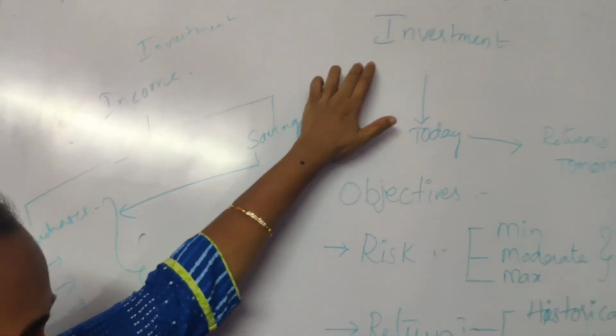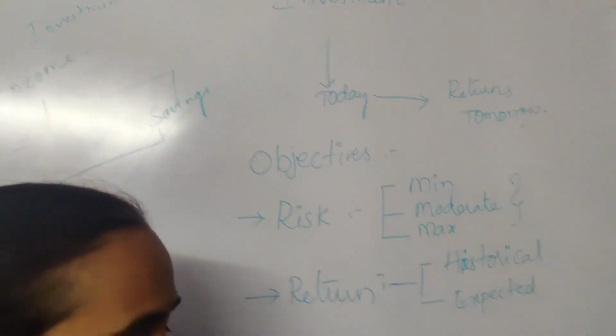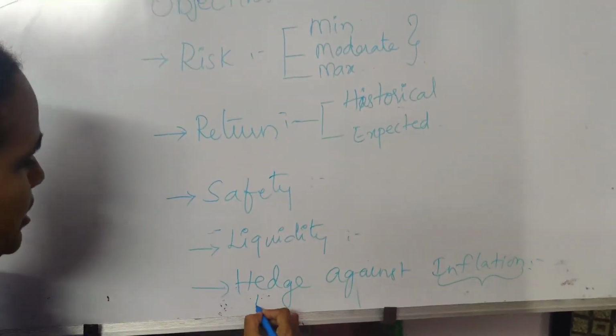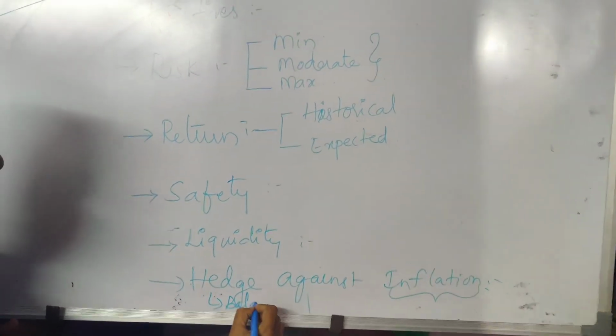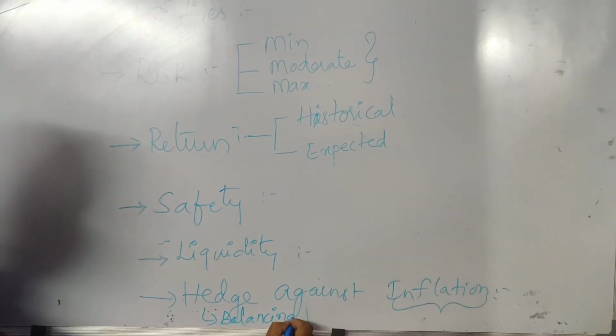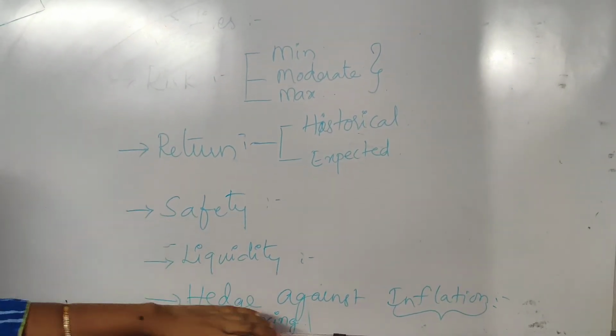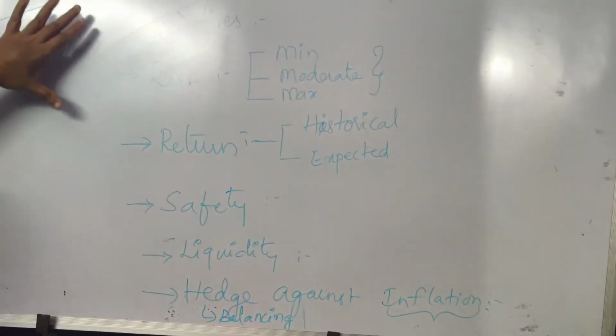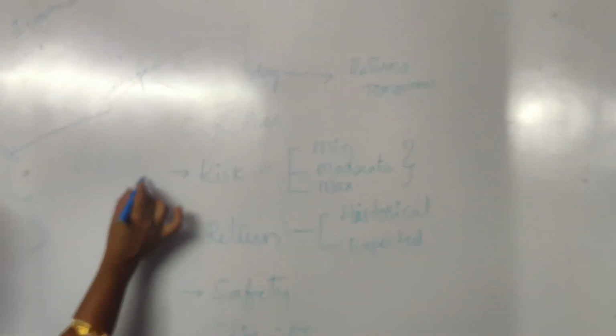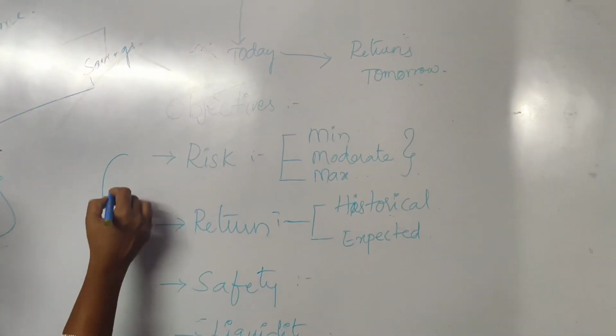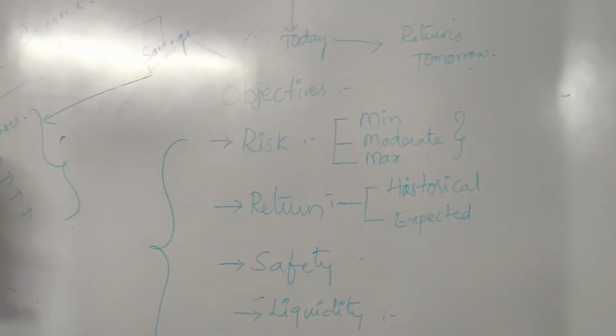That is the reason he has to hedge against inflation. Hedging is nothing but balancing his position against inflationary conditions. So these are the basic objectives the investor has to keep in mind whenever he does his investment.